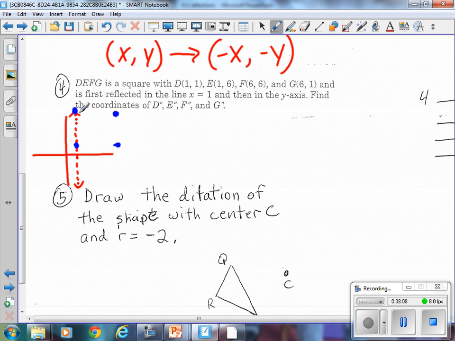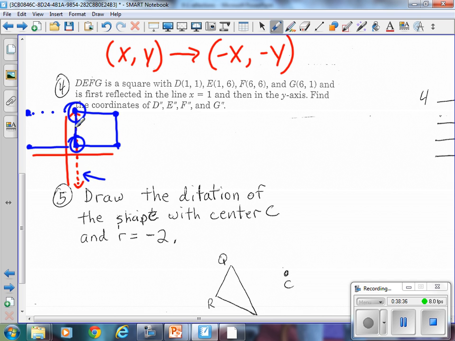So our square starts off somewhere like that. And if we go over the x-axis, or I'm sorry, not over the x-axis, over this line right here, x equals 1, well, these 2 points are going to stay exactly where they are, and these 2 are going to be out 5 spaces from that. Yeah, out 5 spaces, so it should be back this way, 5 spaces.